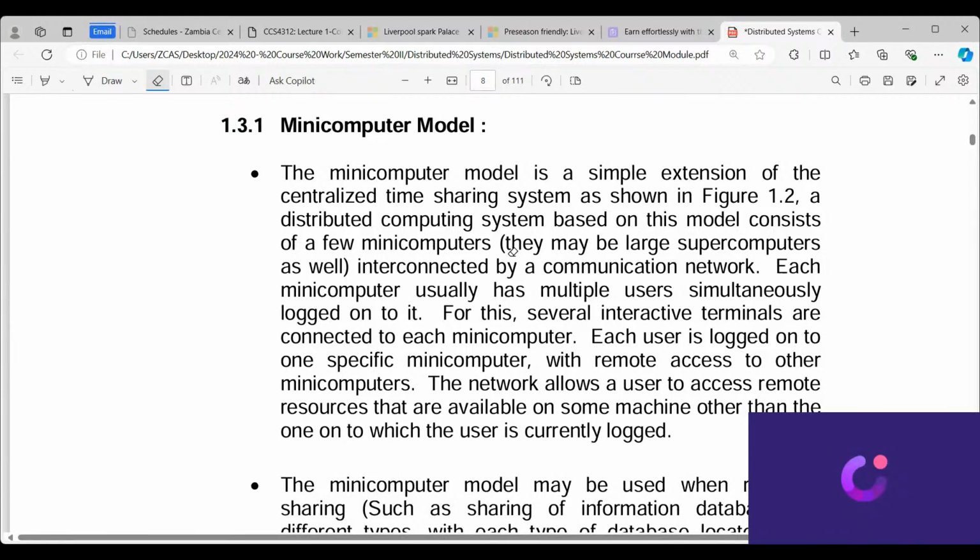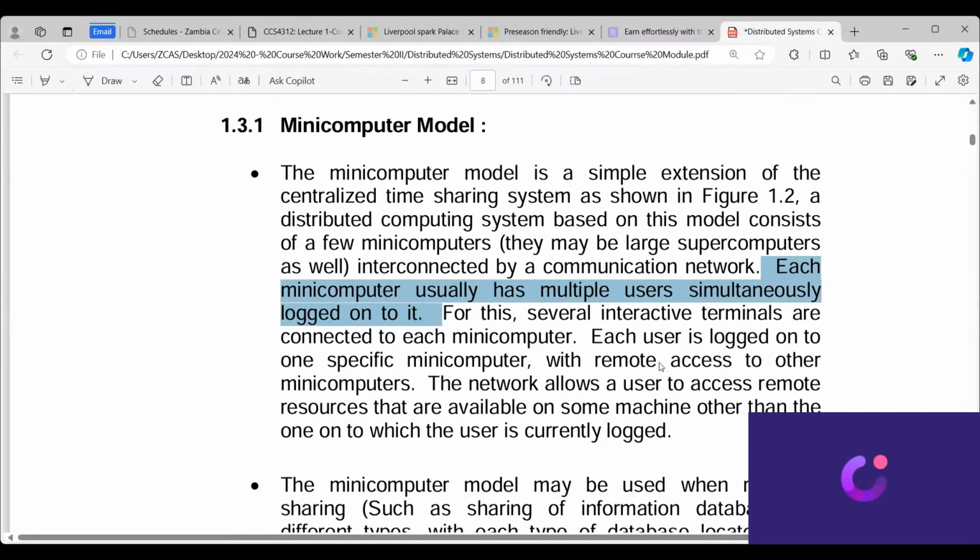Of course, you could also have supercomputers, mainframes, and so on. But now these few computers are interconnected by a communication network. Each mini computer usually has multiple users simultaneously logged onto it. All these users are simultaneously logged on to this mini computer.